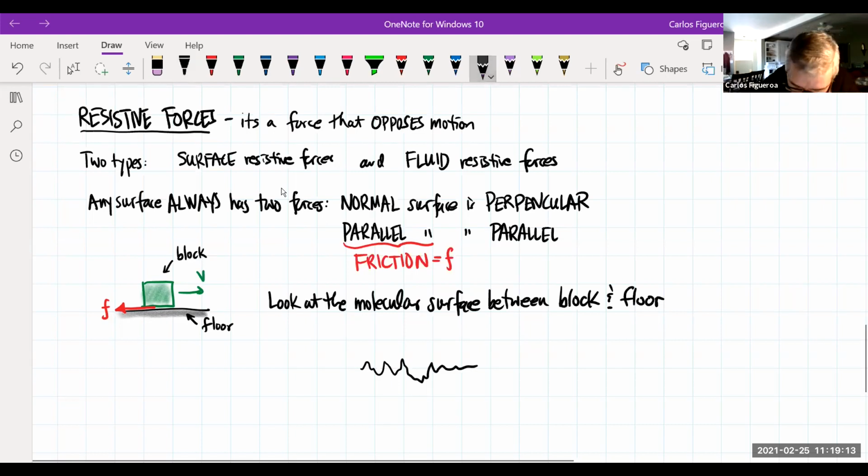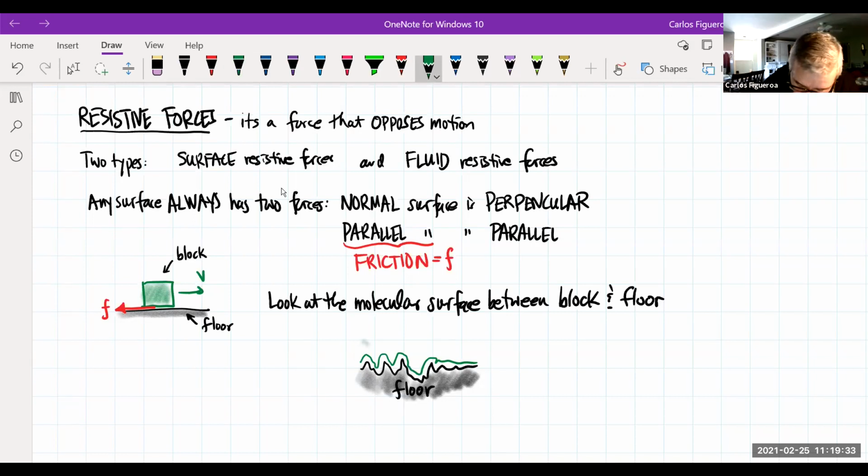So you could imagine that at this level, this guy here is the floor at the surface that we're talking about. On the other hand, when you look at the block, you also have jagged stuff like this.